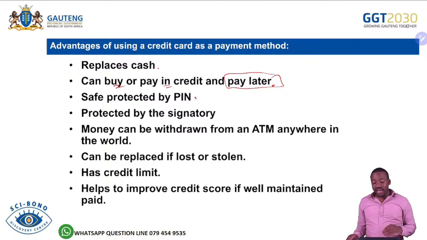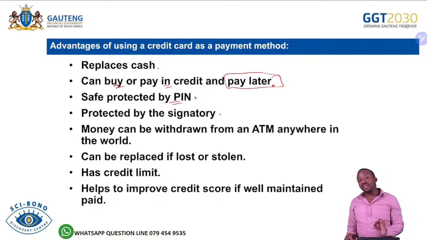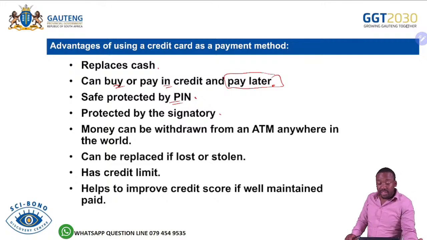Two, we are saying it is safe. So using a credit card, it is safe. It is protected by your PIN. Obviously, when we have to tap or swipe, then you need to punch in your password. At times, when you use a credit card, the personnel at the shops normally check the signature at the back of your card.